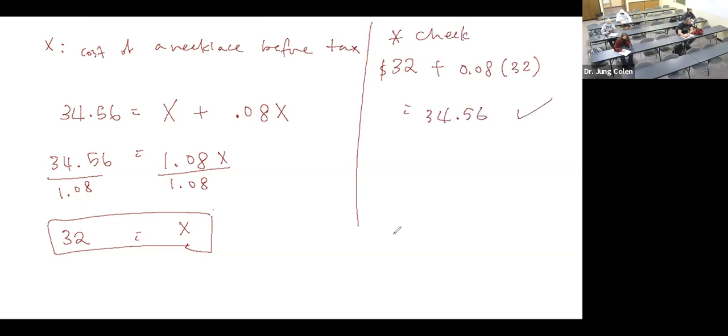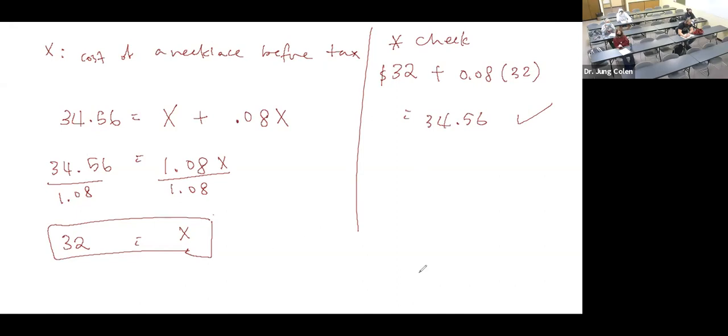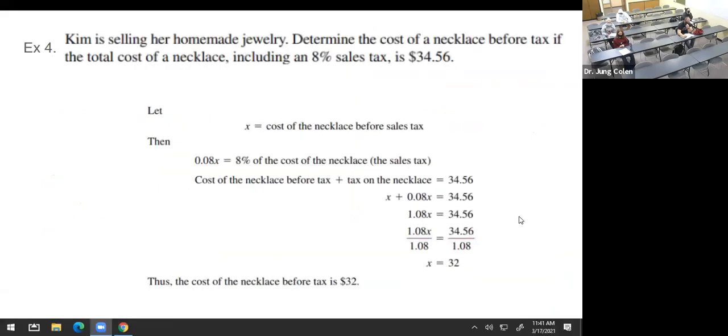Then it is the correct answer. Okay? You can also use your number sense too. Your original price is $32 and your necklace cost after the tax is $34.56, it makes sense, right? It's smaller than the price after the tax, so it makes sense.